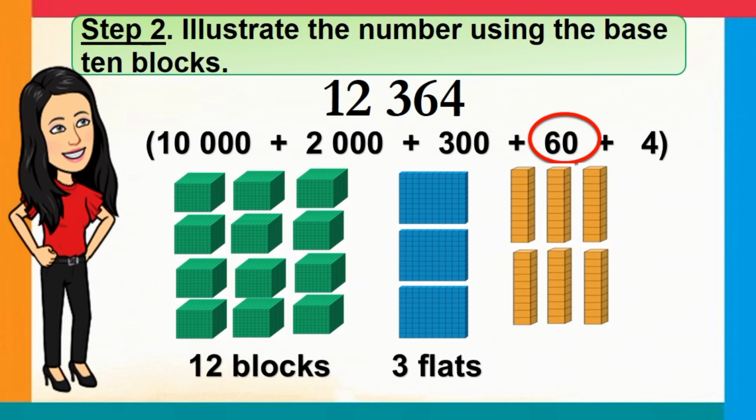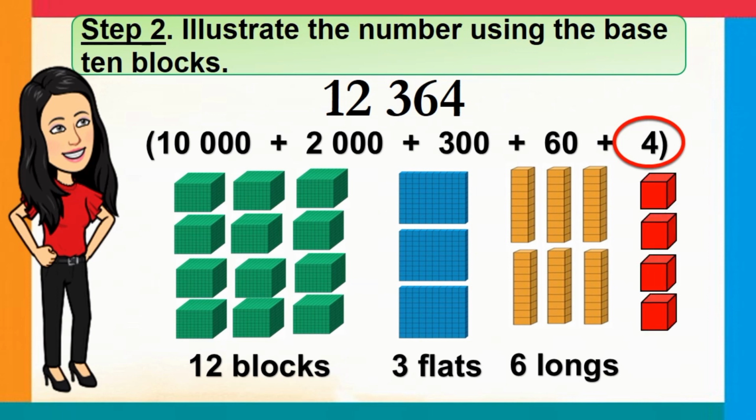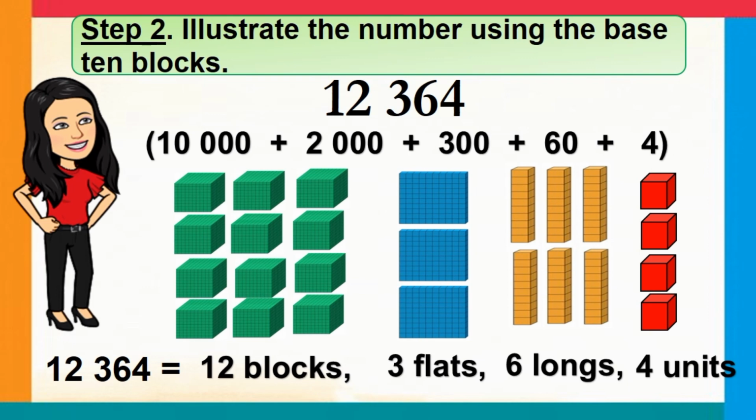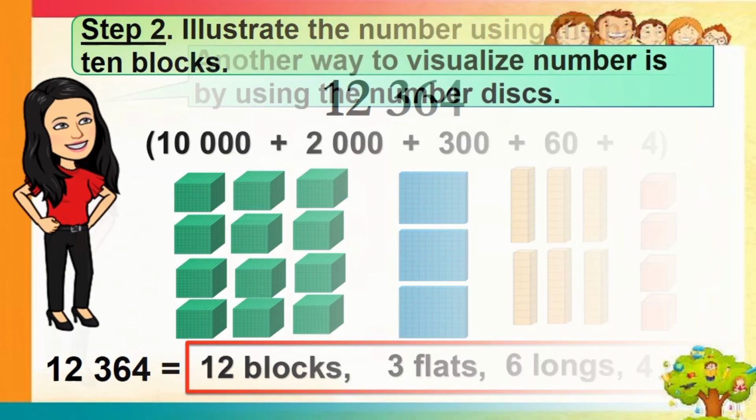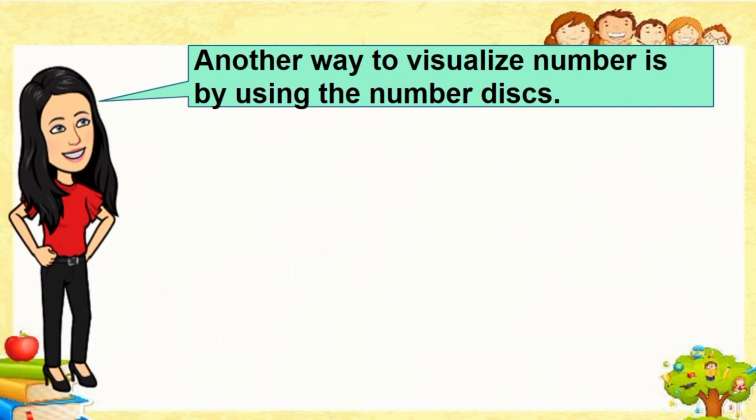There are 6 longs to represent 60. Lastly, how many units do we need to represent 4? All right, we need 4 units to represent 4. Therefore, there are 12 blocks, 3 flats, 6 longs, and 4 units to represent 12,364.